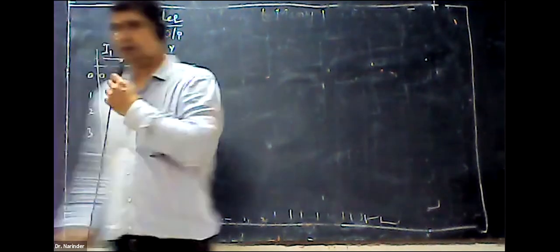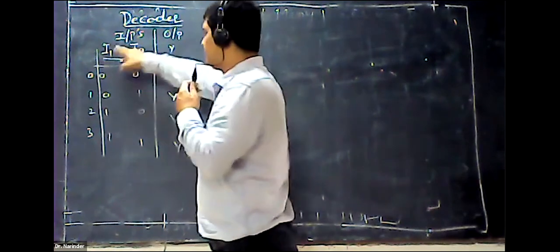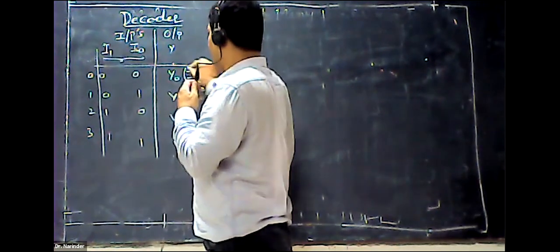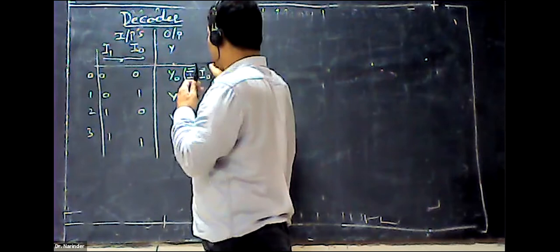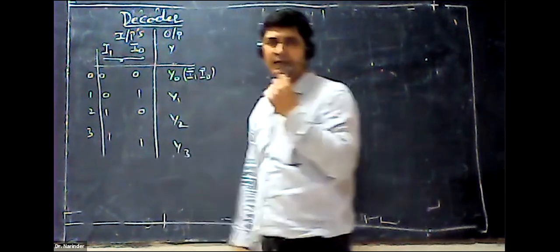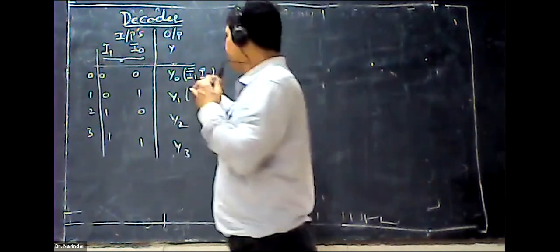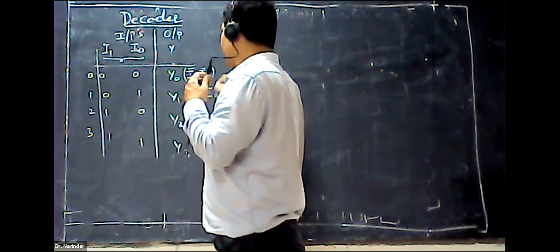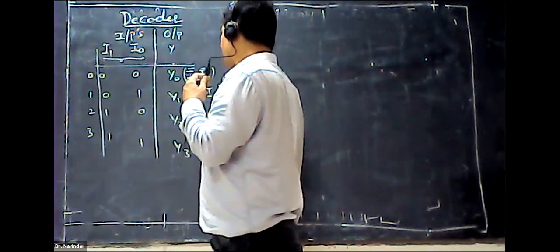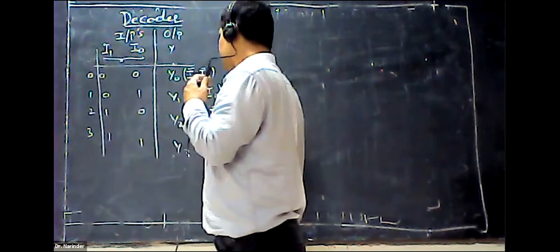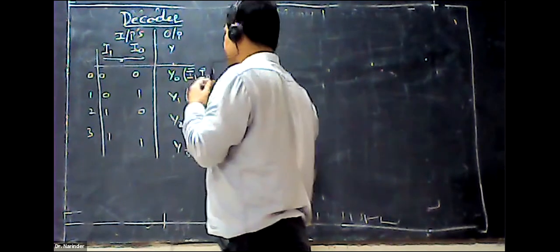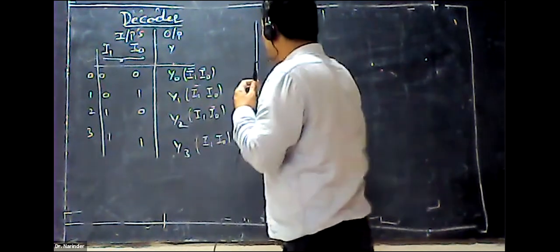So here the outputs would be I1 bar I0 bar, then I1 bar I0, I1 I0 bar, and I1 I0. So we have to implement it.